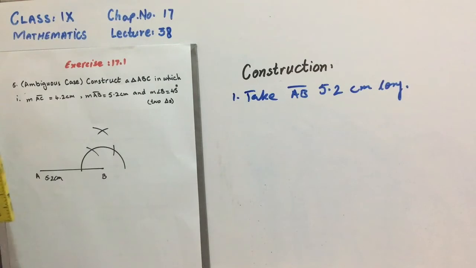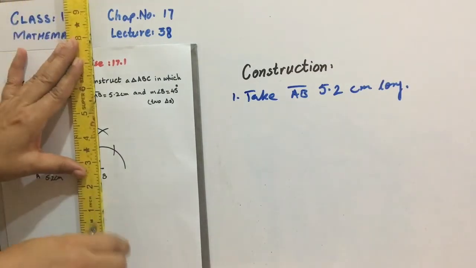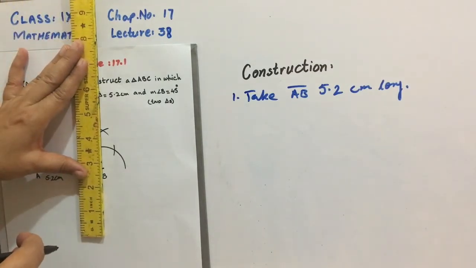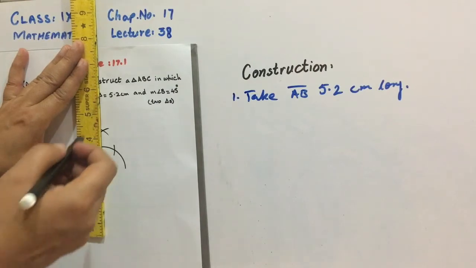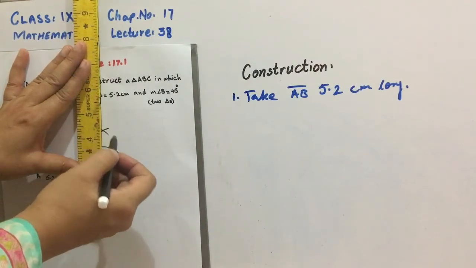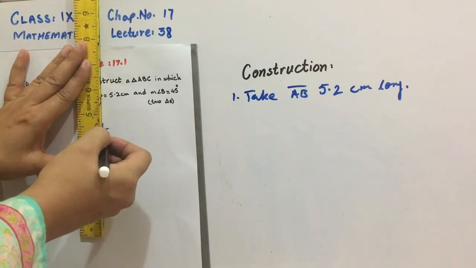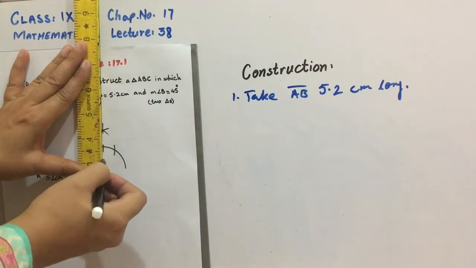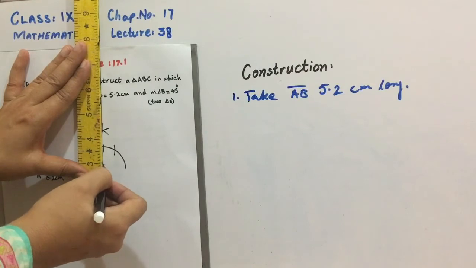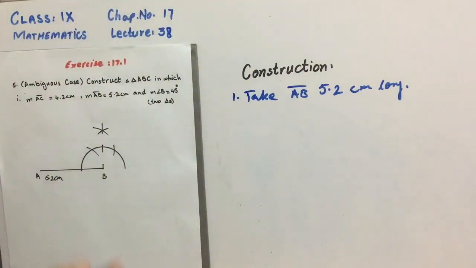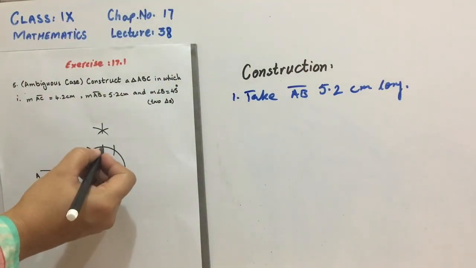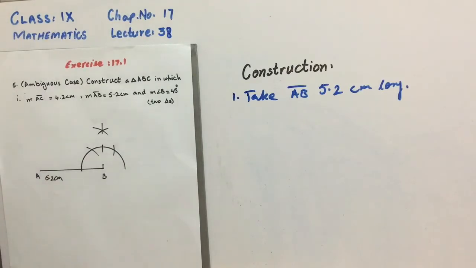Now I have an angle of 90°. But it is not required, so I will draw it with a dotted line. But remember, your dotted line must intersect the semicircle at a point.